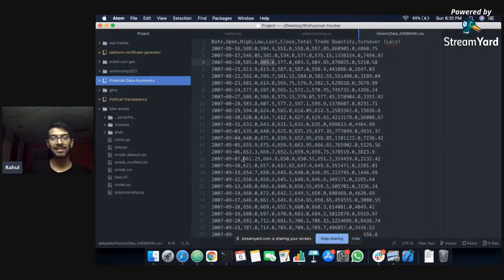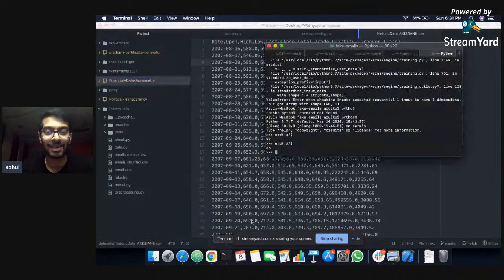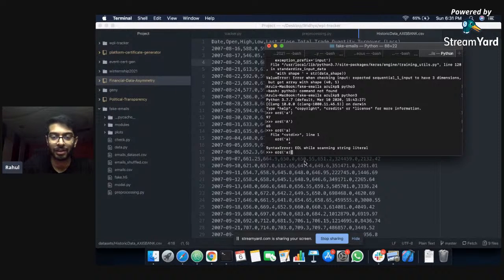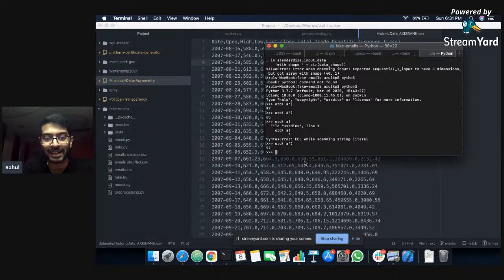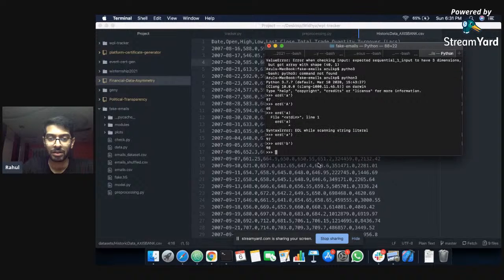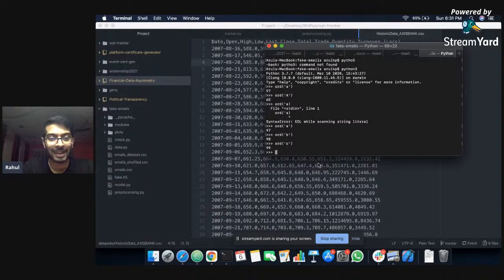The interesting thing about ASCII values is this: let's say I want to find the ASCII value of A. The ASCII value of A is 97. If I want to find the ASCII value of B, it's 98. The ASCII value of C is 99.